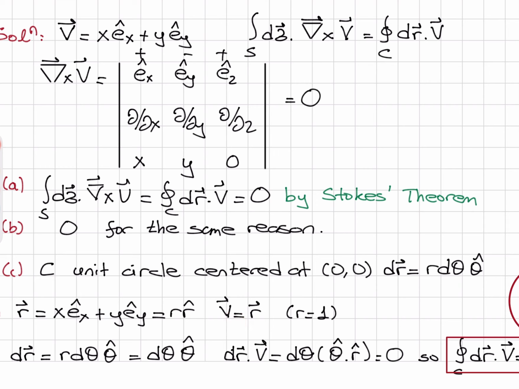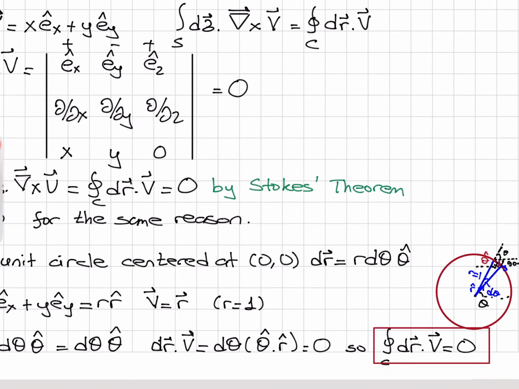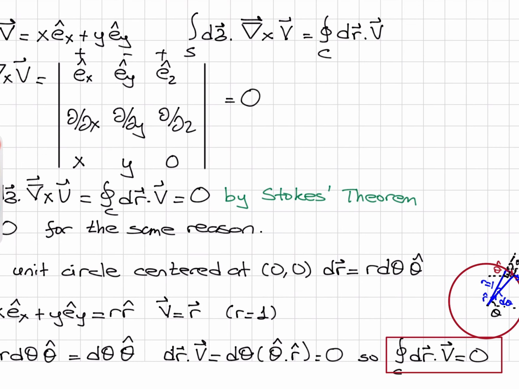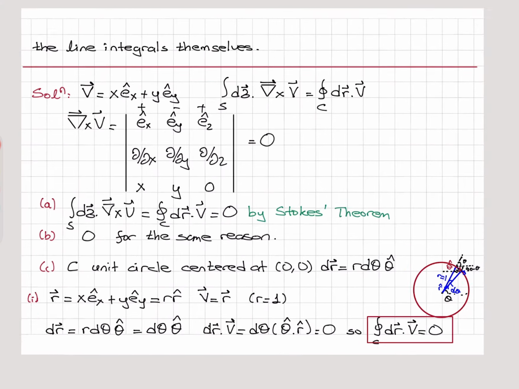So the given v vector is actually the r vector, where r is equal to 1. So we have dr vector r d theta theta hat, and dr dot v basically gives us r d theta theta hat dot product with r in the r hat direction, but theta hat dot r hat is equal to 0 because they're perpendicular to each other. This contour integral is 0.